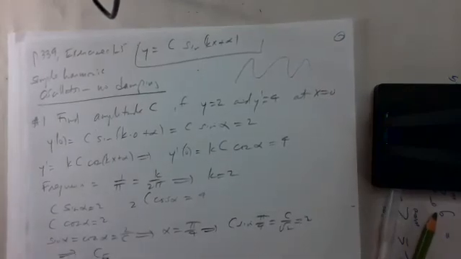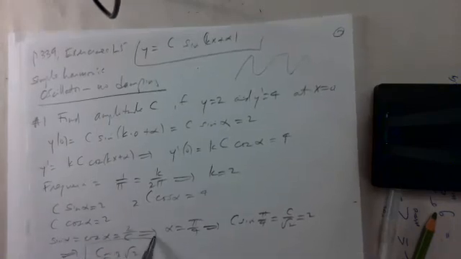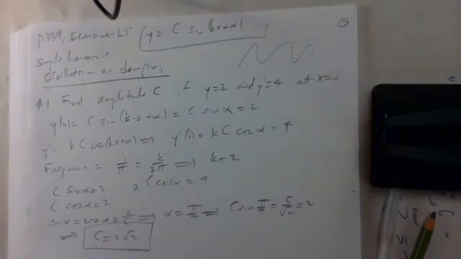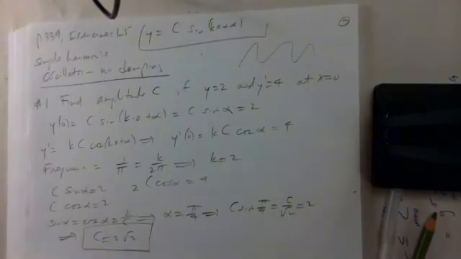So c is equal to 2 root 2. That's the amplitude. That's what we had to find. Any questions about this? No? Okay.